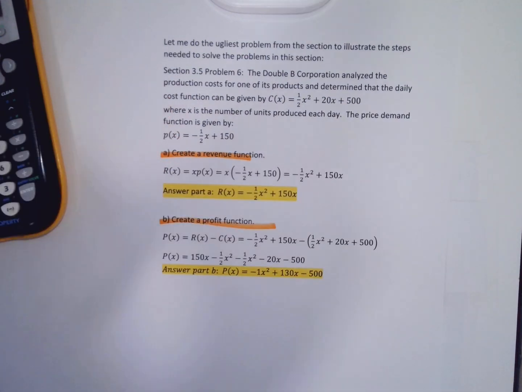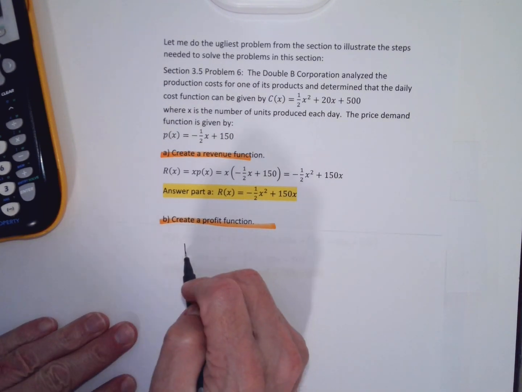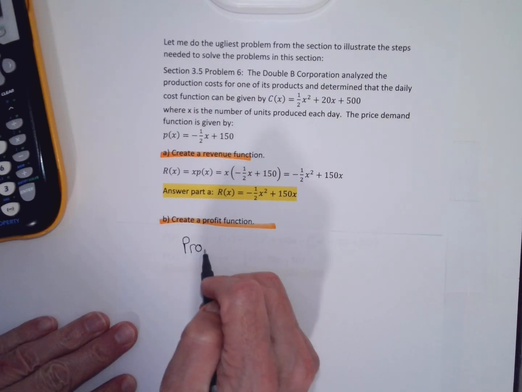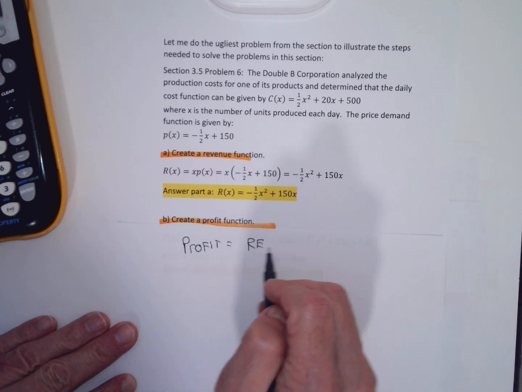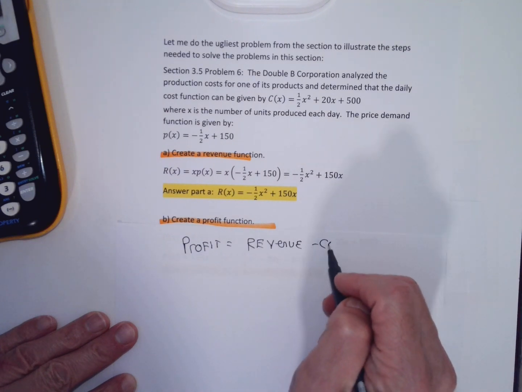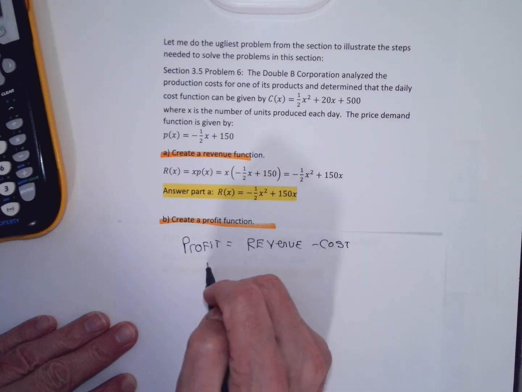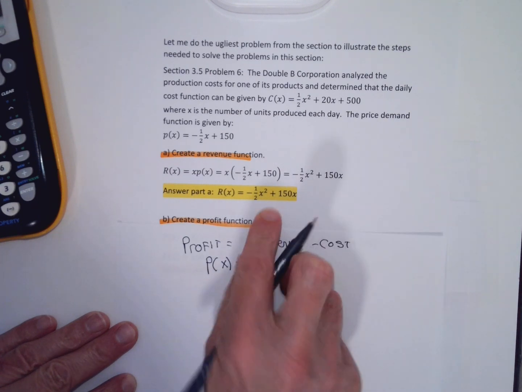Part B wants me to find a profit function. Well, I'm going to use the formula that profit equals revenue minus cost. So I can create a profit function, P of X, capital P of X, as opposed to lowercase p of X, equals revenue.